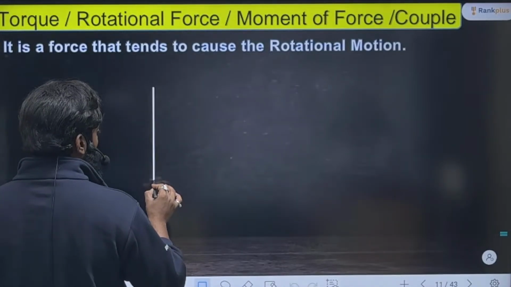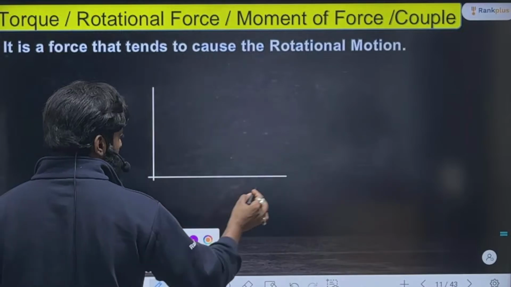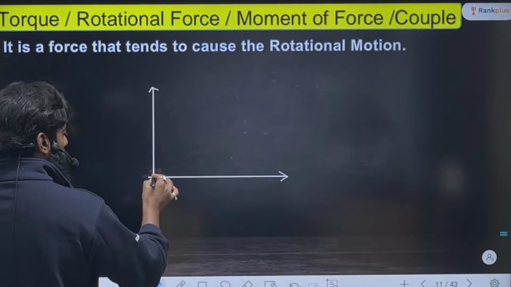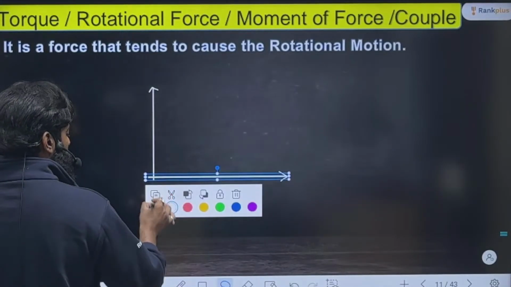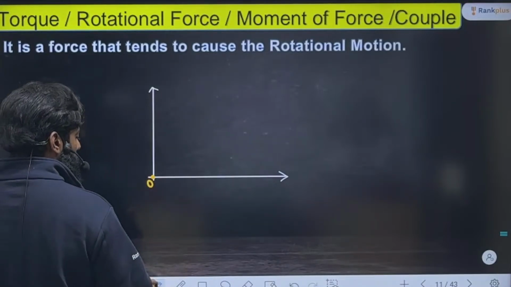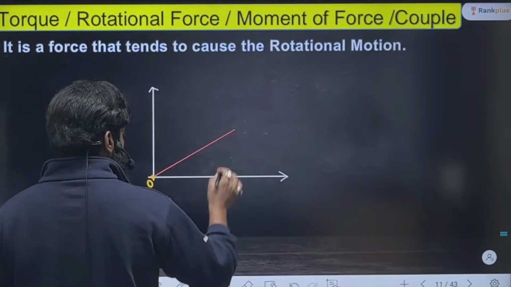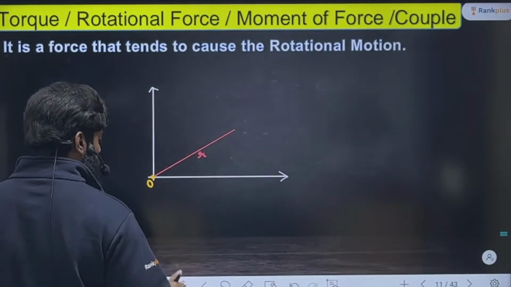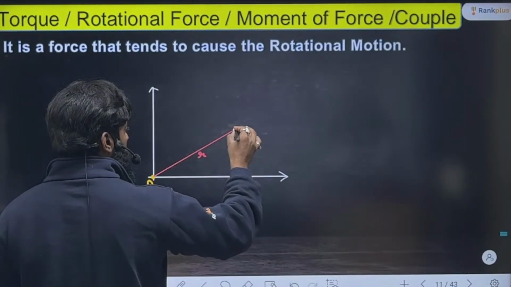Whenever an object is moving, we must keep a fixed point or a fixed axis, and torque can only be found about an axis, about a fixed point. So I'm considering an object O here. From this O, we have a distance R, and there is a point here. The point is P.